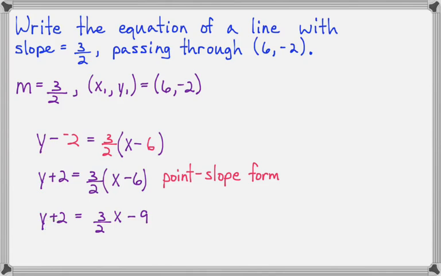Now subtract 2 from both sides so that we isolate the y, and we have 3/2 x minus 11. And so you know now that the slope is 3/2, which was given in the problem, and the y-intercept would be negative 11. And this is slope-intercept form.